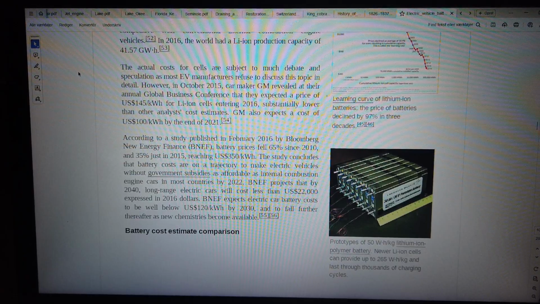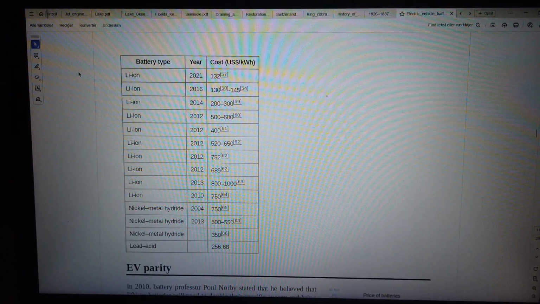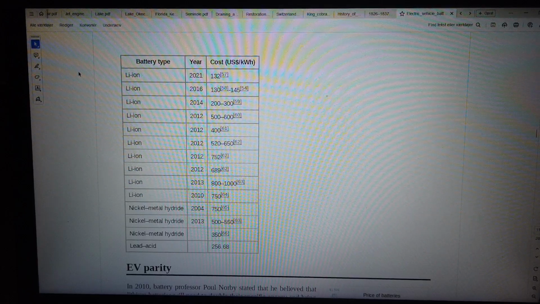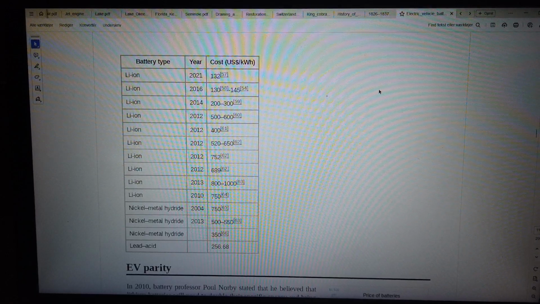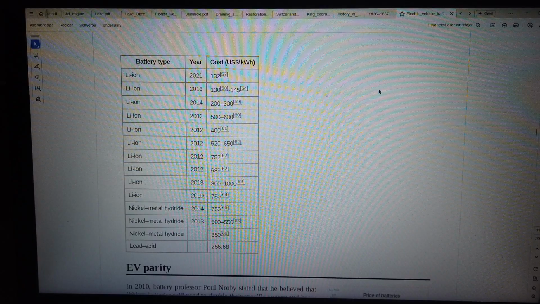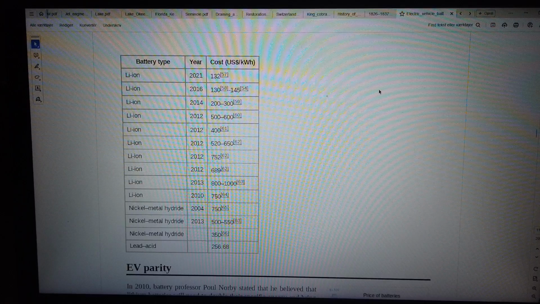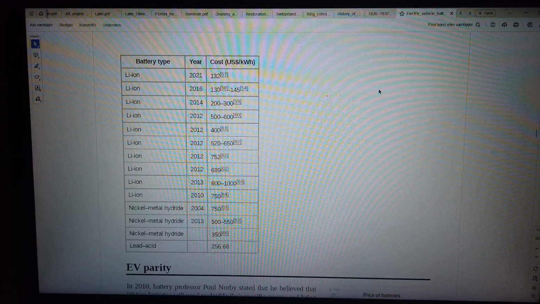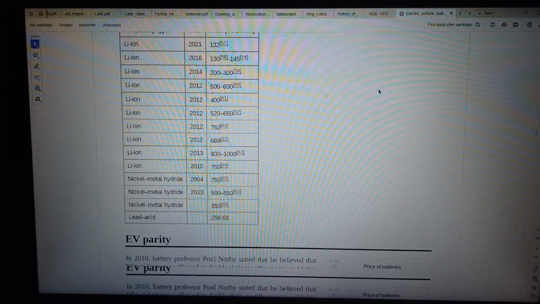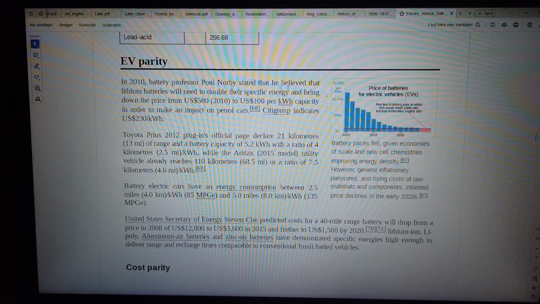56. Battery cost estimate comparison. Battery type, cost, $/kilowatt-hour. Li-ion 2021 32, 57. Li-ion 2016 133, 58, 145, 54. Li-ion 2014 200-300, 59. Li-ion 2012 500-600, 60. Li-ion 2012 4000, 61. Li-ion 2012 520-650, 62.